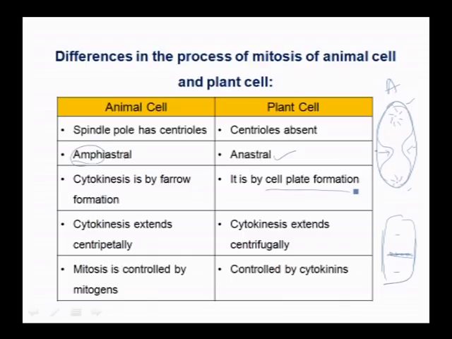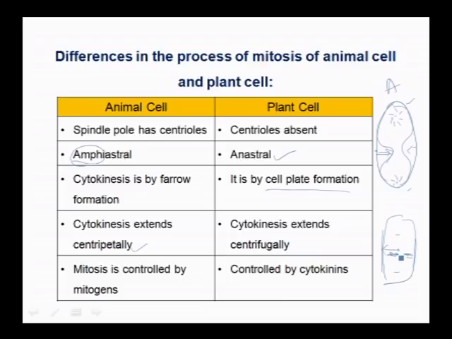Next comes the direction of cytokinesis. The position is indicated. Here cytokinesis extends centripetally, whereas in plant cell it occurs centrifugally. Centripetally means from the periphery to the center. So, therefore, it is centripetal. Whereas in plant cell, it starts from the center and moves towards the periphery.